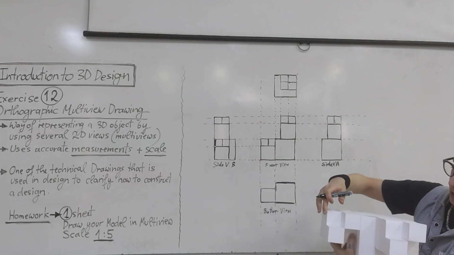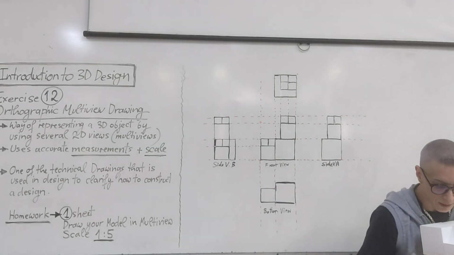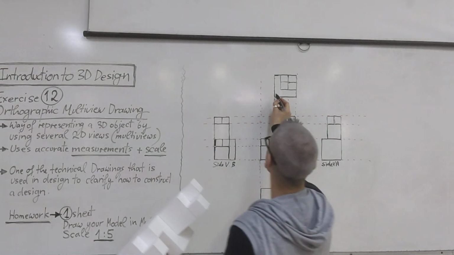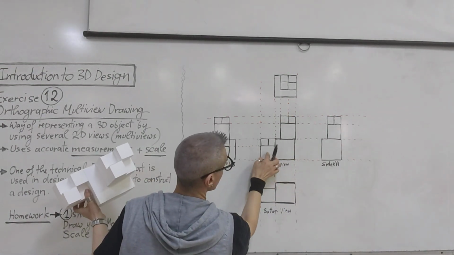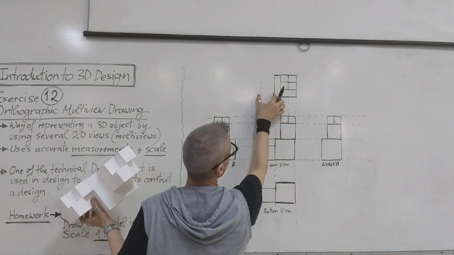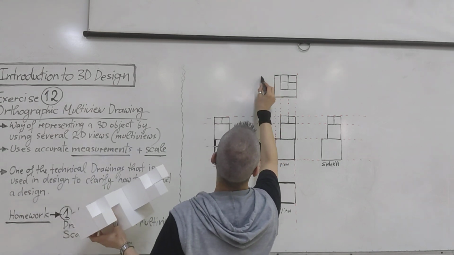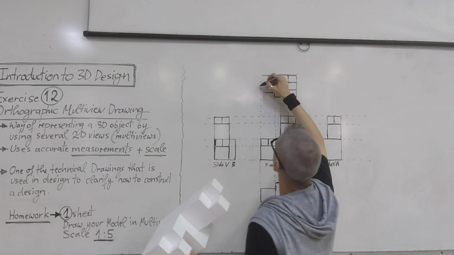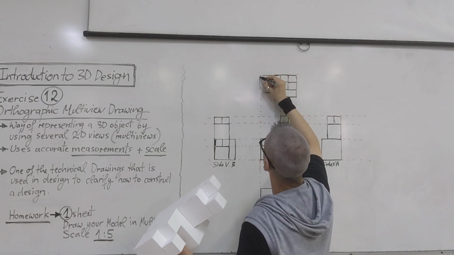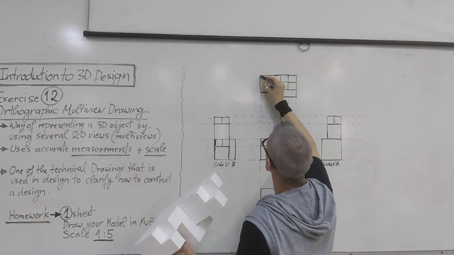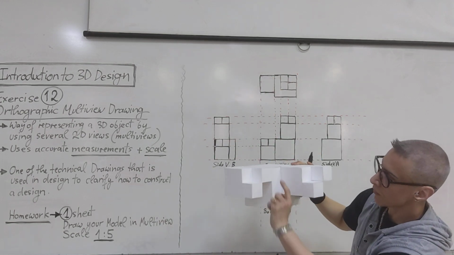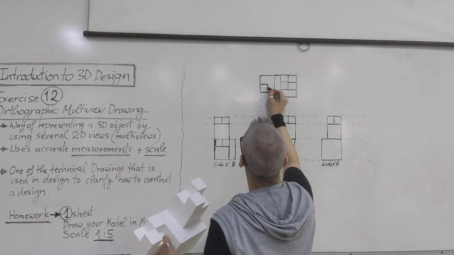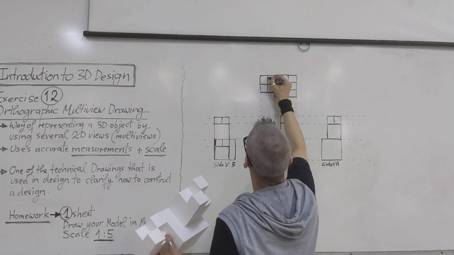What else do we have? From this view, we have this face and these two faces that we need to draw. Where is it located? So, you see this cube here? Up, up, up, up. Where is it located? Up here, okay? And we have this face and this face located in this location and this location.